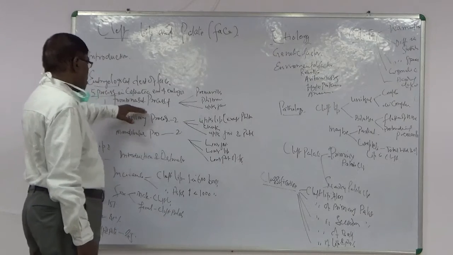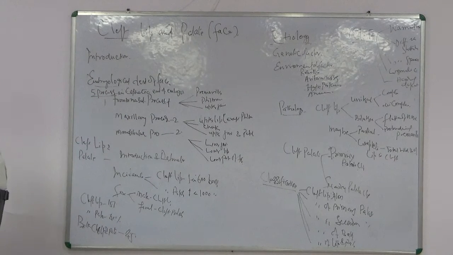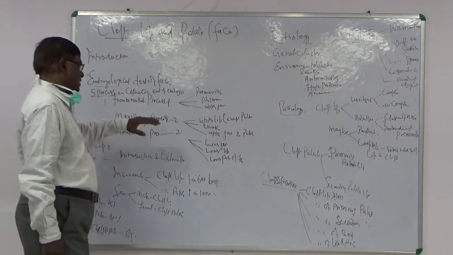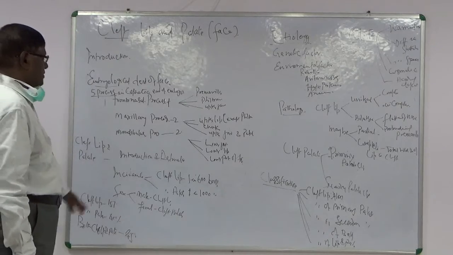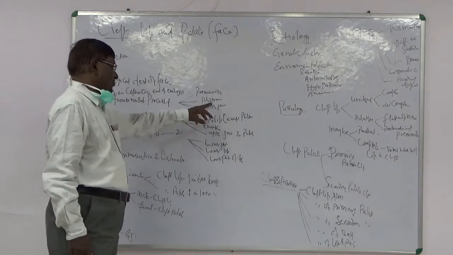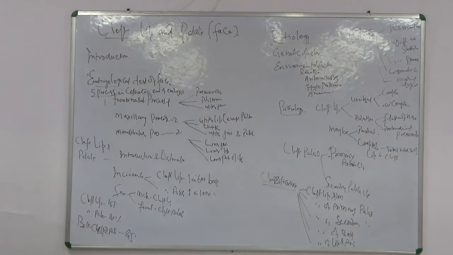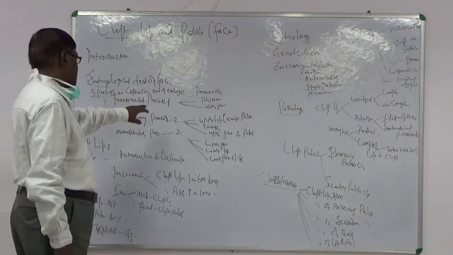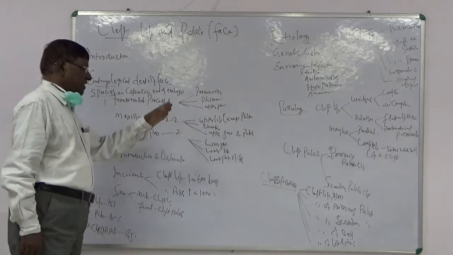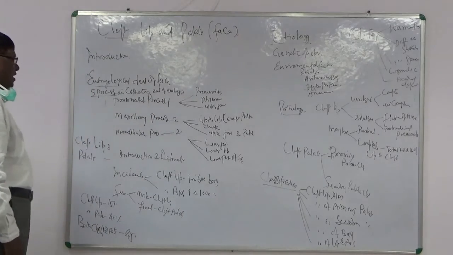The frontonasal process appears around the primitive mouth, and this frontonasal process gives the development of the premaxilla, the philtrum of the lip, and the upper jaw. There is a pit in the center of the frontonasal process that forms the nasal pit.